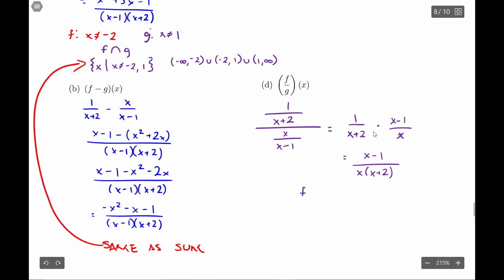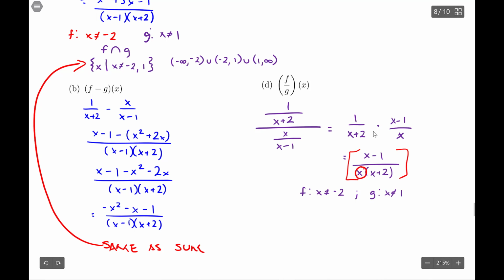We know that for f, x can't be -2. That was what we found at the beginning. And for g, x cannot be 1. The only other thing we have to look at is our composed function, which we have right here. For it, we have to look back at that denominator again.